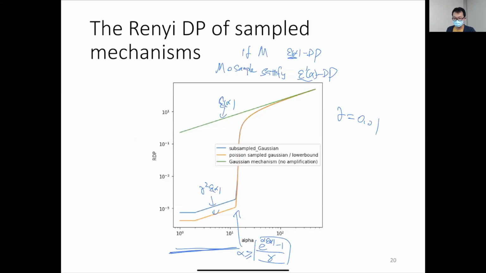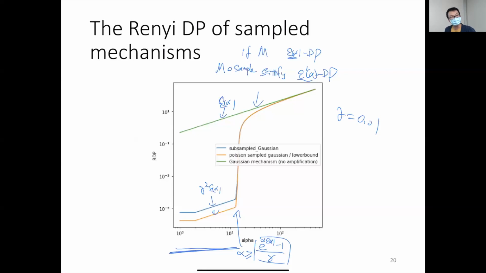Okay, so again, there isn't a privacy amplification result for concentrated DP for exactly this reason, because the best possible linear upper bound for these orange and blue curves is actually just this green line, right?